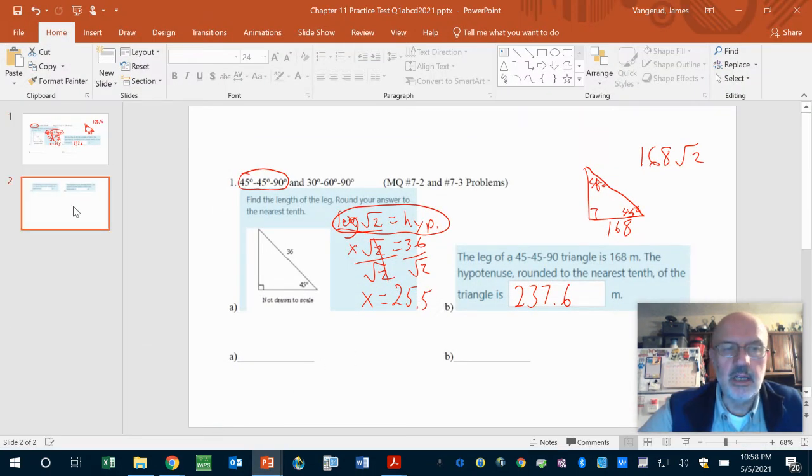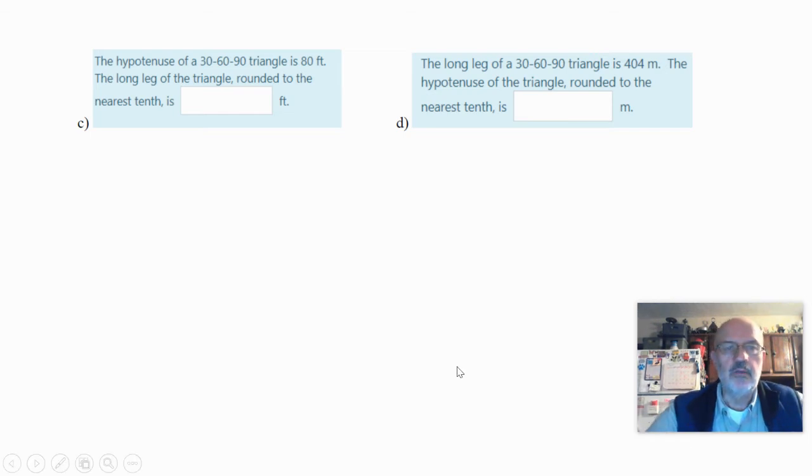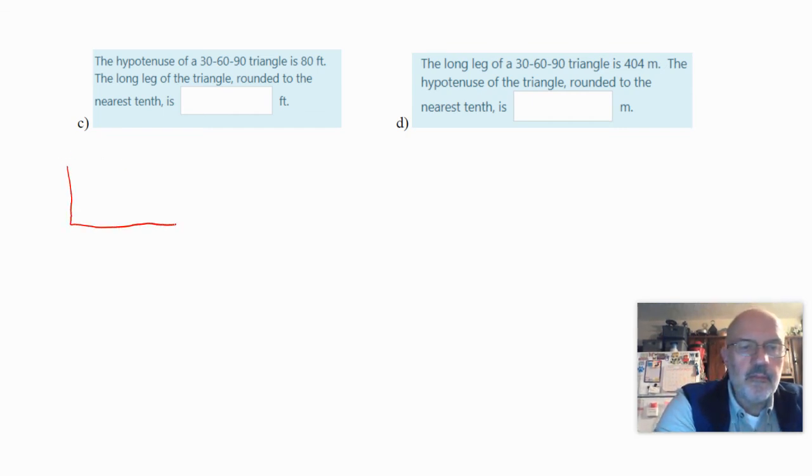Then let's look at when we have a 30, 60, 90 right triangle, or sometimes just called the 30, 60 right triangle, because obviously the 90 means it's a right triangle. It's helpful to have a picture. So let's say this is our 30, 60 right triangle. And they said the hypotenuse is 80.